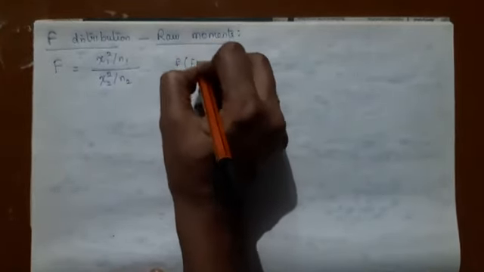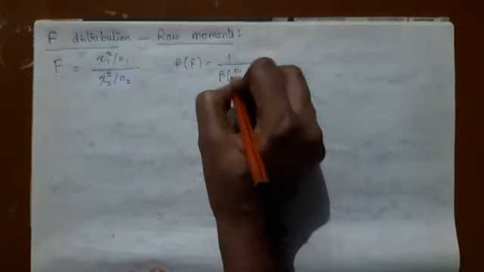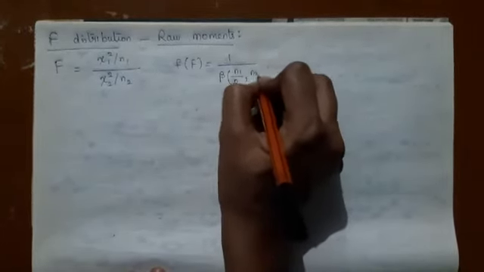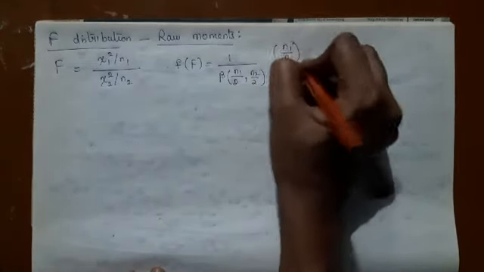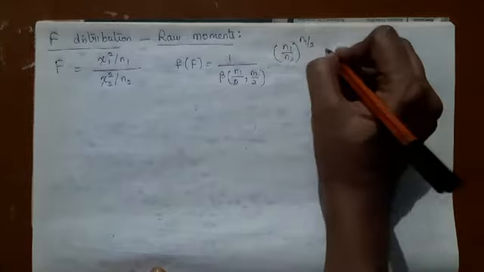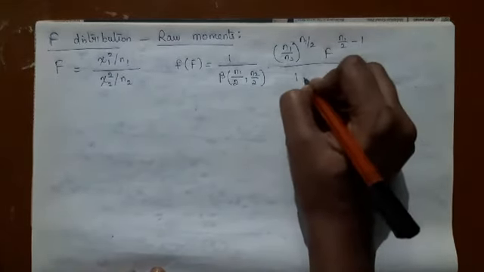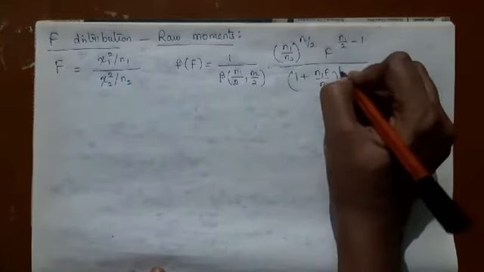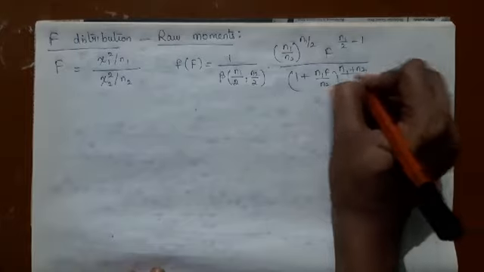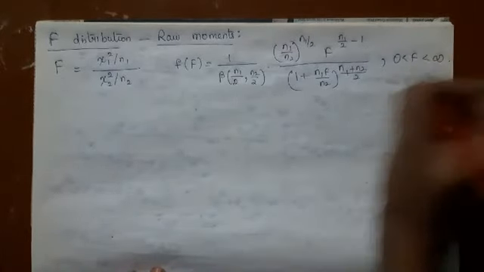We know that the density function of F is 1 by beta of (n1/2, n2/2) times (n1/n2)^(n1/2) f^(n1/2 - 1) divided by (1 + n1 f/n2)^((n1+n2)/2), and the range of f is from 0 to infinity.